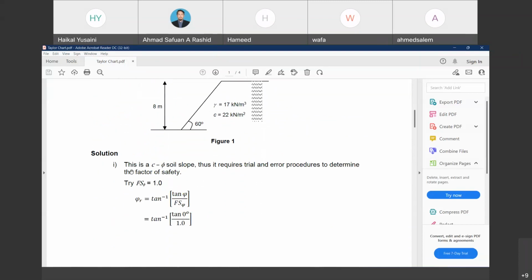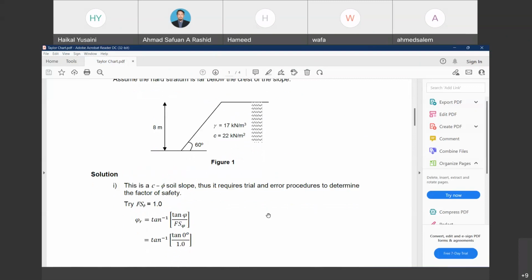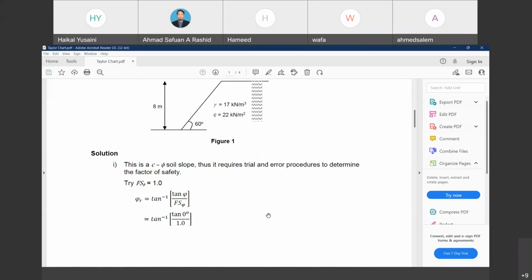So this is the C by using the chart. We need to determine the stability number later on. The first procedure is by assuming Fs phi is equal to 1, then we determine phi r, which is equal to the inverse tangent of tangent phi over Fs phi. So we put Fs phi equal to 1.